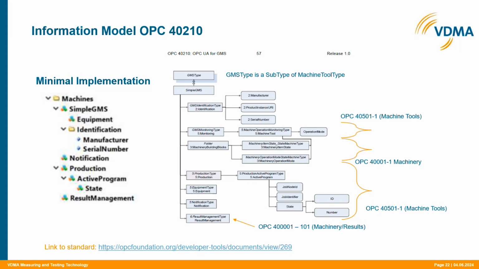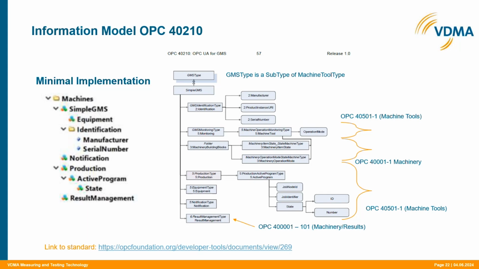On the other side, there's this UML chart, and my intention for bringing you this graph was to say that, of course, OPC UA for GMS is not an invention on its own. We rely on prior work and on excellent other standards. For instance, as I mentioned, the machine state, which we in GMS take from OPC machinery.